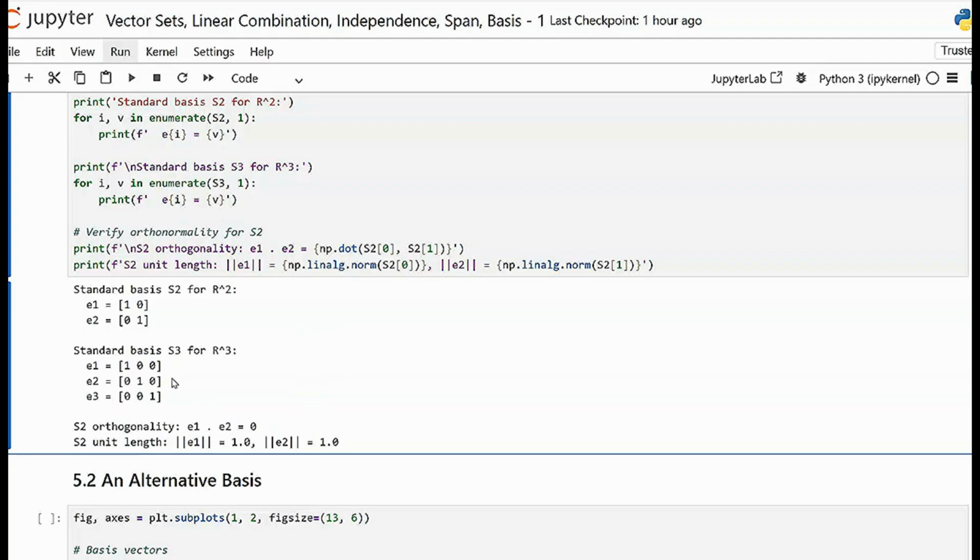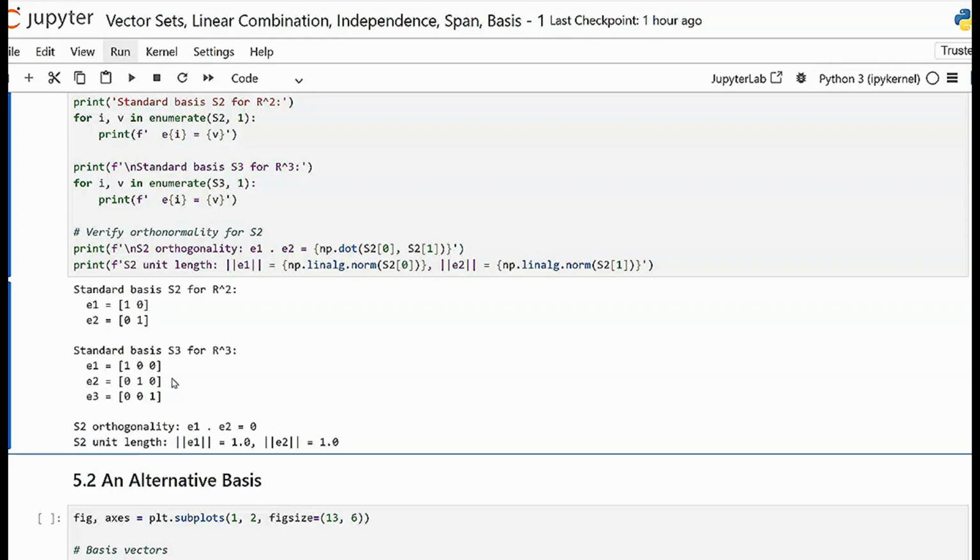So the Cartesian coordinates are literally the weights in the linear combination. And dear friends, the standard basis is so natural that we rarely think of coordinates as linear combinations. But every coordinate is secretly a weighted sum of basis vectors.